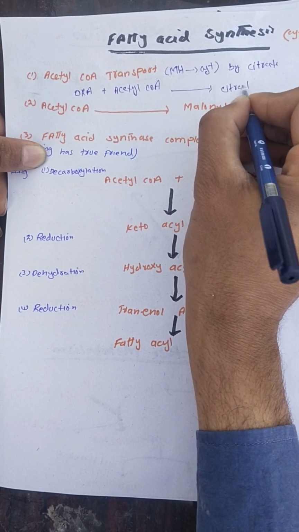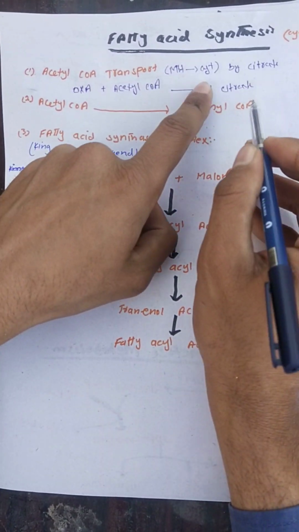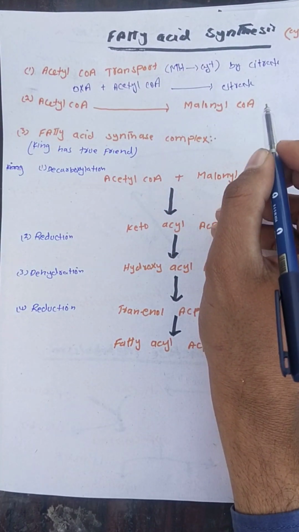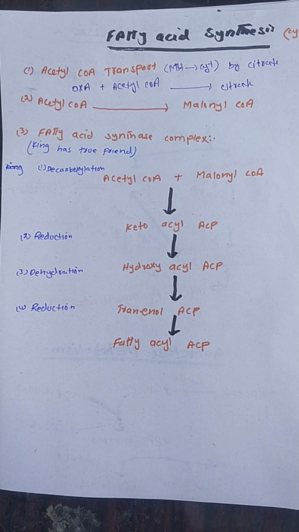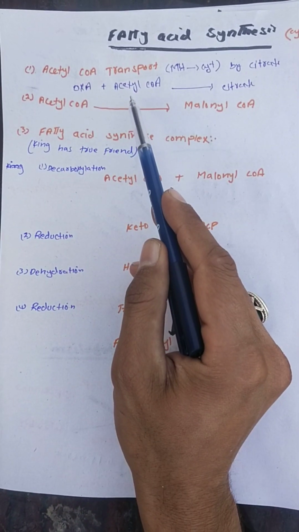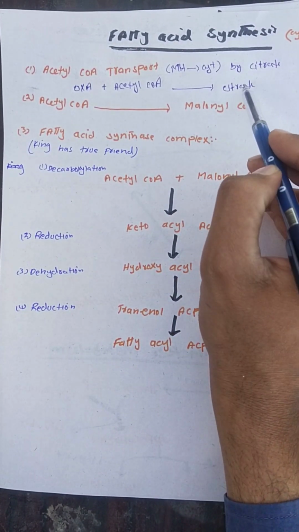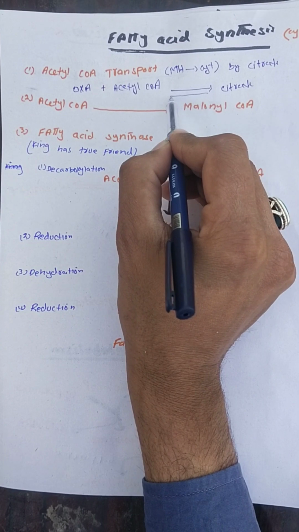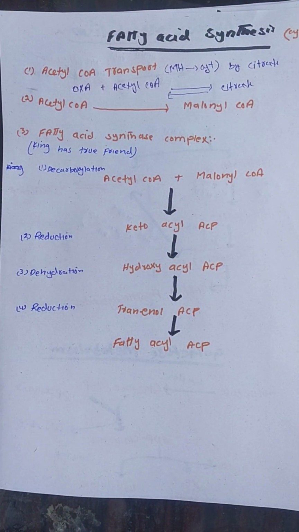When this reaction occurs in the mitochondria, citrate can pass the mitochondrial membrane to come to the cytosol. Why is this reaction done? Because acetyl CoA cannot cross the inner mitochondrial membrane, so it first should be converted into citrate, which passes the membrane. When citrate comes into the cytosol, the reaction is done backward, and we get acetyl CoA in the cytoplasm. So the transport is done.